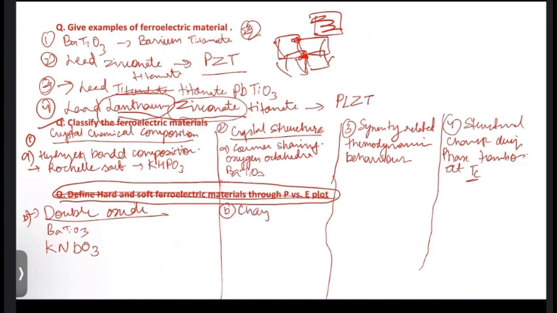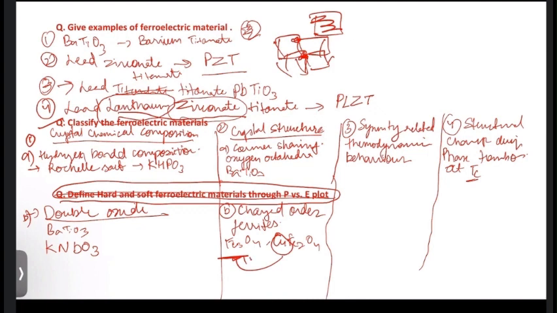Another is charge ordered ferrites, Fe3O4, or we can have another ferrite, CuFe2O4. Same, we have doped, substituting one of the iron atoms with copper.